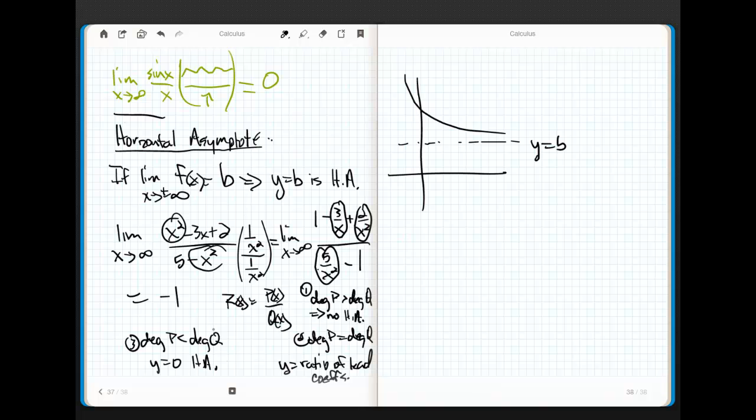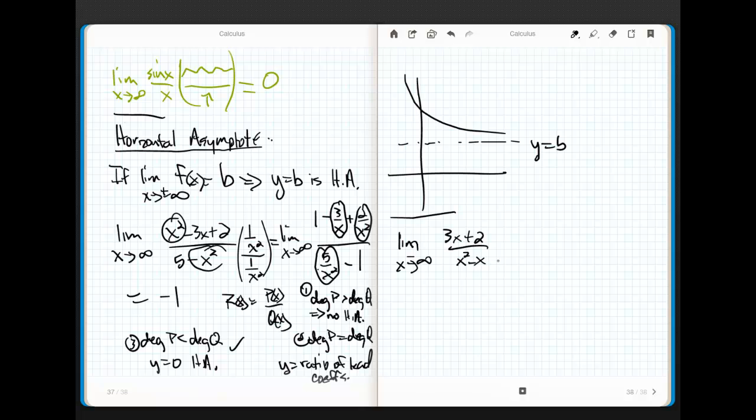Now, let's explain why this is true within the context of limits at infinity. If I take the limit as x goes to negative infinity, who cares, of 3x plus 2 over x squared minus x minus 2, look really closely. What we have here is a tug of war in a fraction between the top and the bottom.